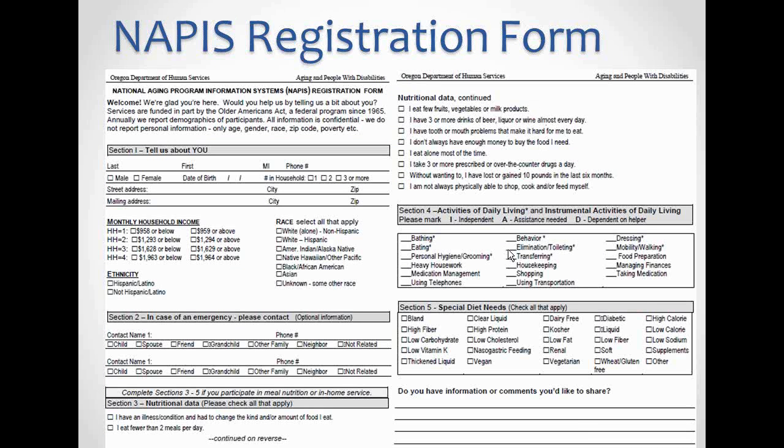Then in terms of activities of daily living and instrumental activities of daily living, then if they would complete this or you can assist them, then you can also enter this data because it is reported again for any of our registered services, the nutrition program, not Congregate, but your home delivered program, as well as our personal care, homemaker service, chore, those registered services. And then also down below here in section 5 are the special needs, their special diet needs.